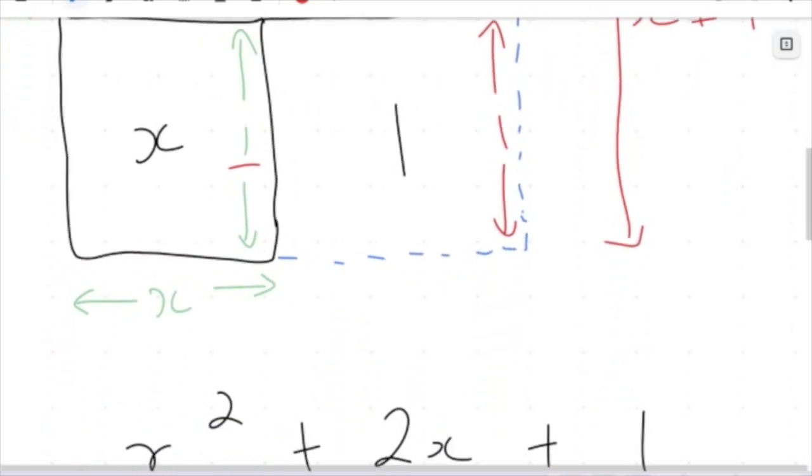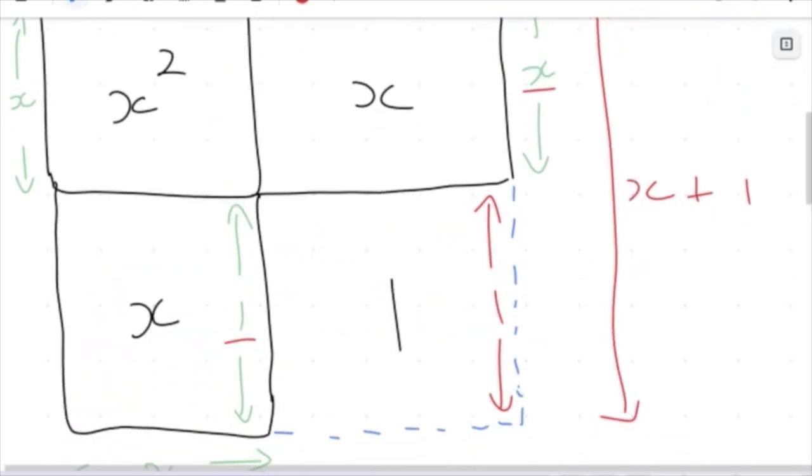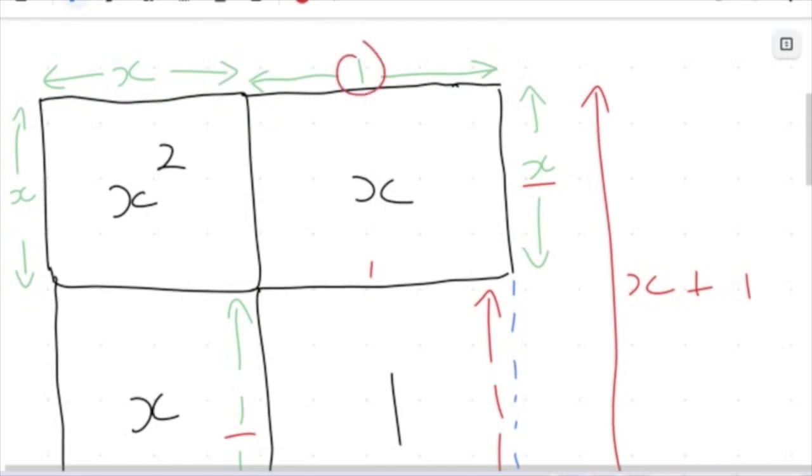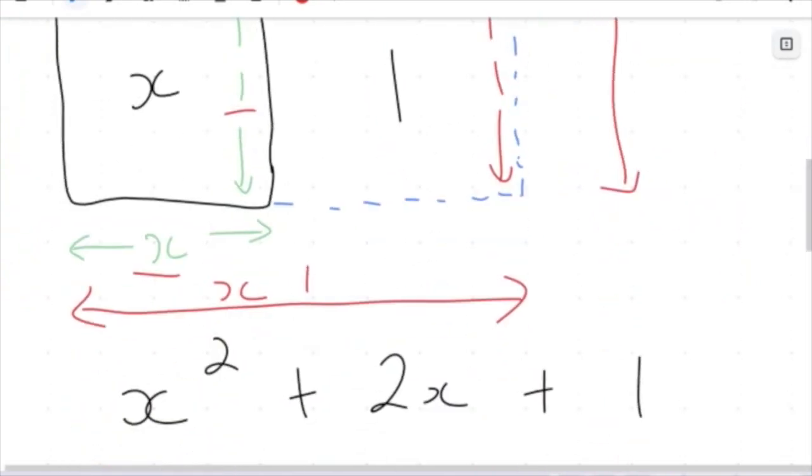And I also have from here to here x from this guy here and 1, because this is another square down here. So I have two dimensions of 1.